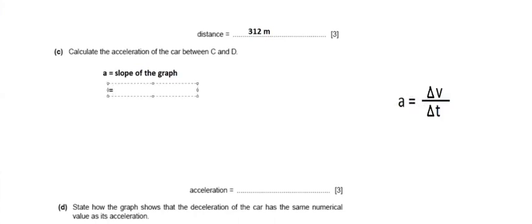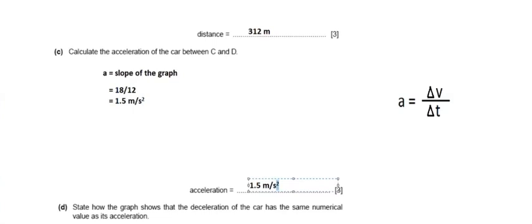The gradient is the change in speed, that is 18, divided by the change in time, that is 12. So 18 by 12 is coming out to be 1.5 meter by second squared. So this way we can calculate the acceleration, that is coming out to be 1.5 meter by second squared.